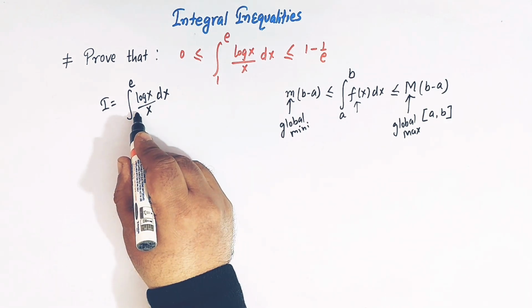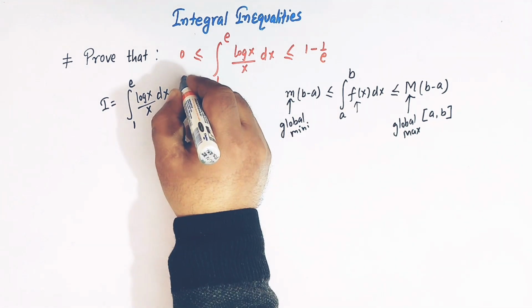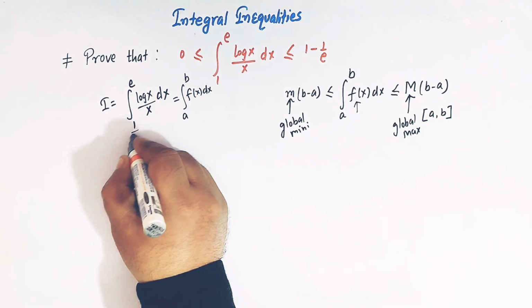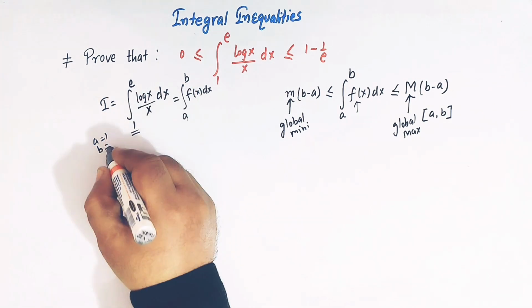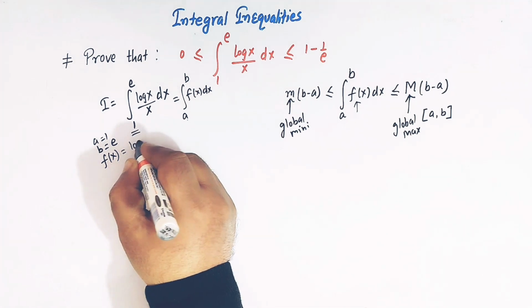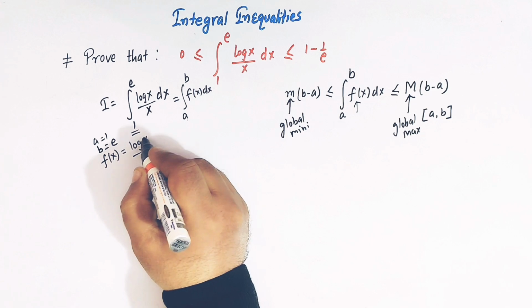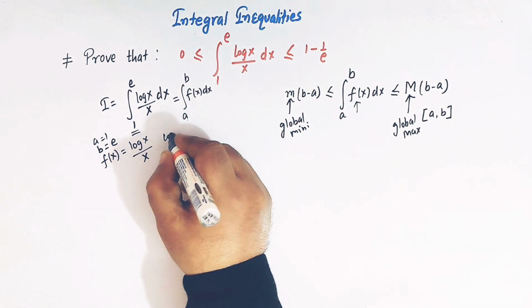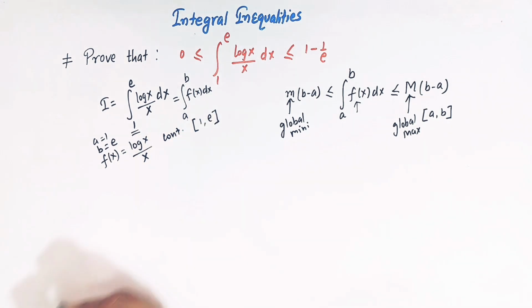So if we compare this integral with the integral from a to b of f of x dx, then the value of a is 1, the value of b is e, and our function f of x is log x over x, right? And it is quite clear that this function f of x is continuous in the interval 1 comma e, right?